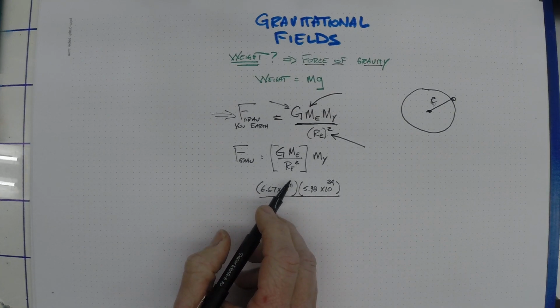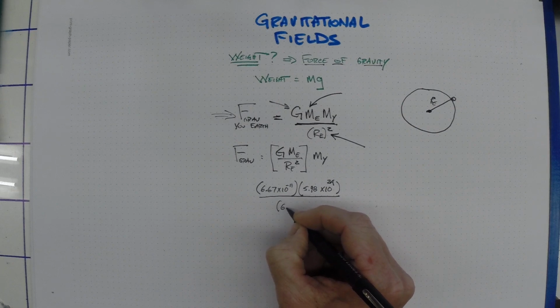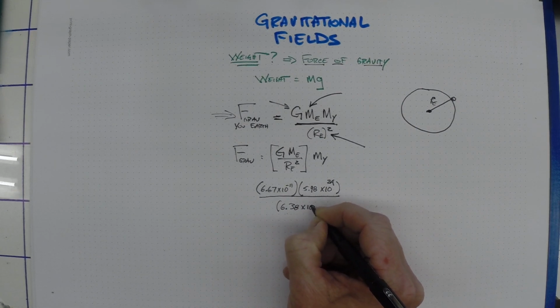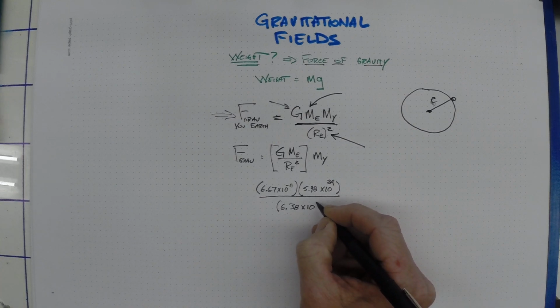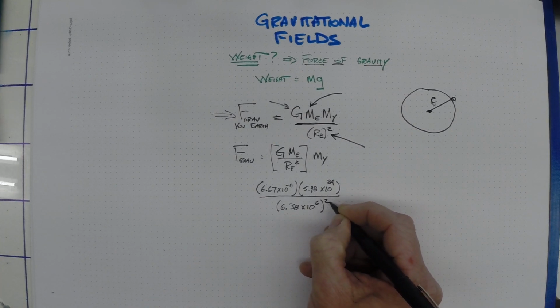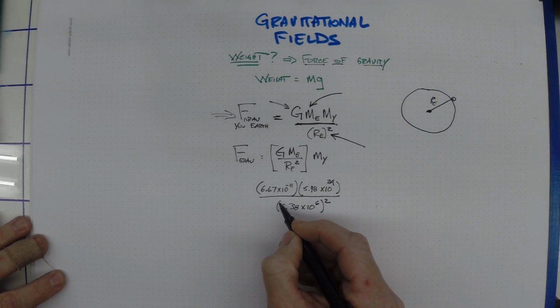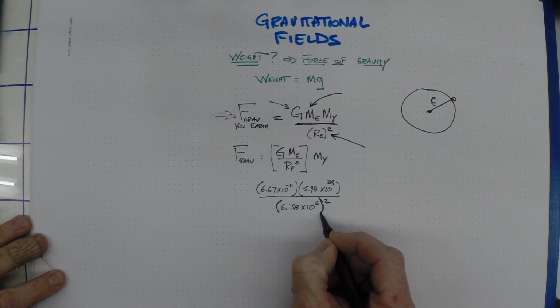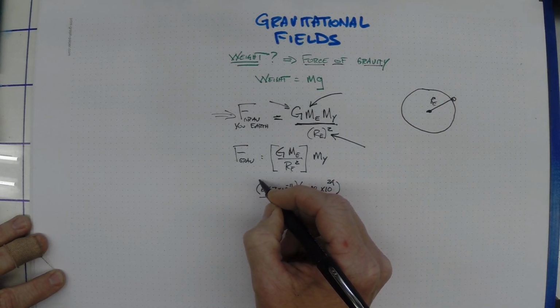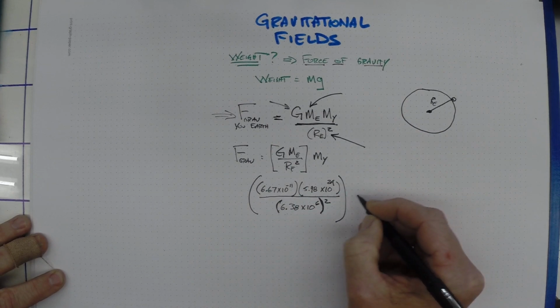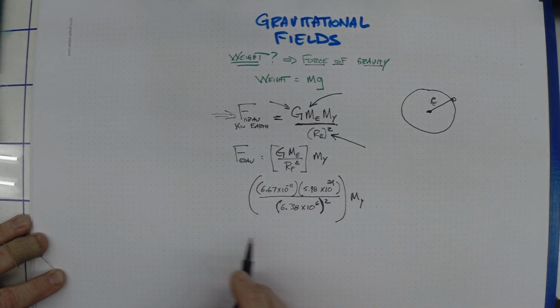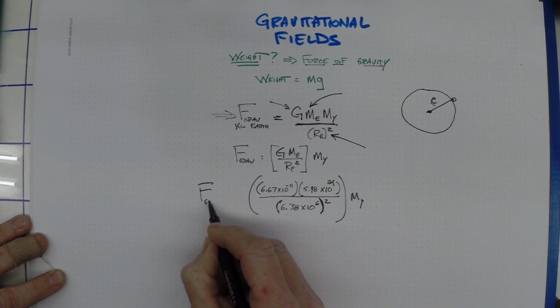So let's find it. Here it is. 6.38 times 10 to the 6th, but we're going to square that number. So we're going to set it up like that. This is talking about the force of gravity between you and the Earth.